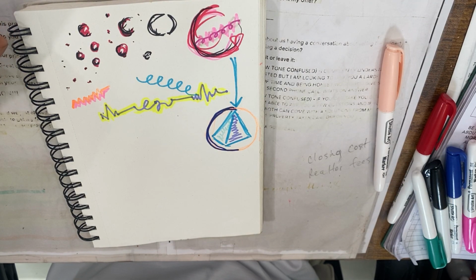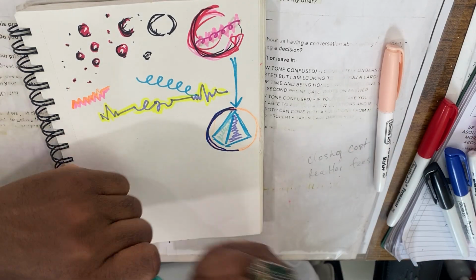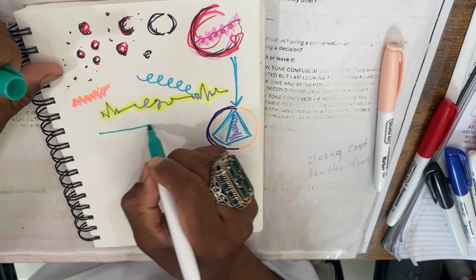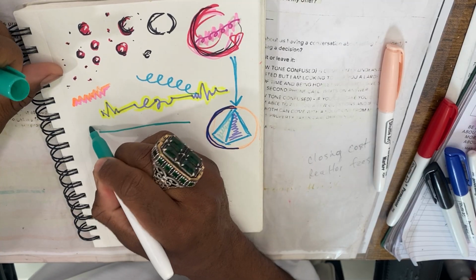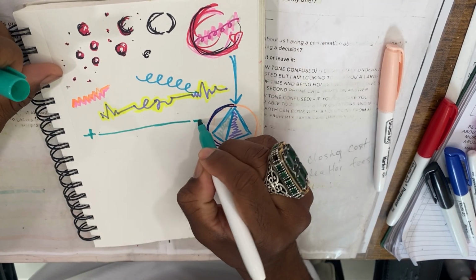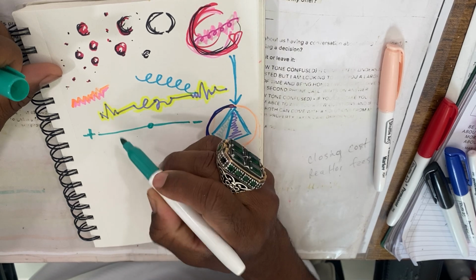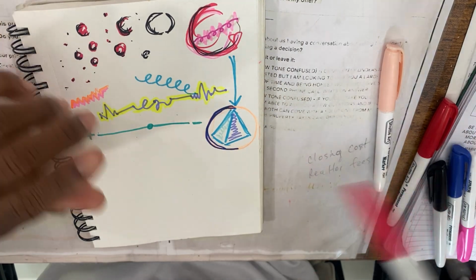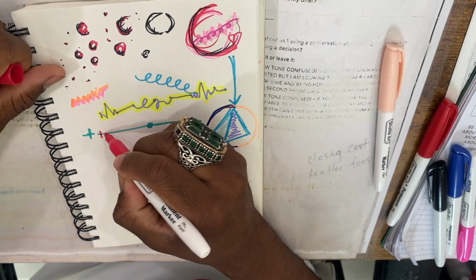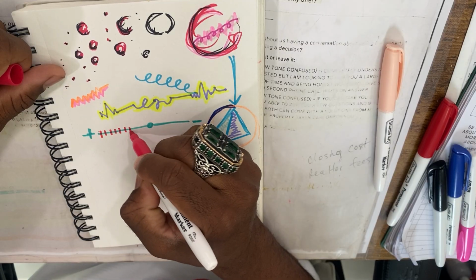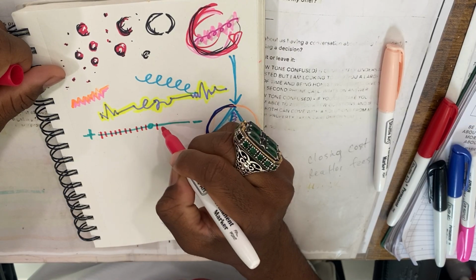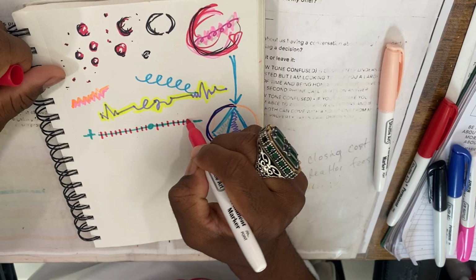And ultimately, we have positive and negative. And from positive to negative, we're going to have degrees from positive and degrees from negative.